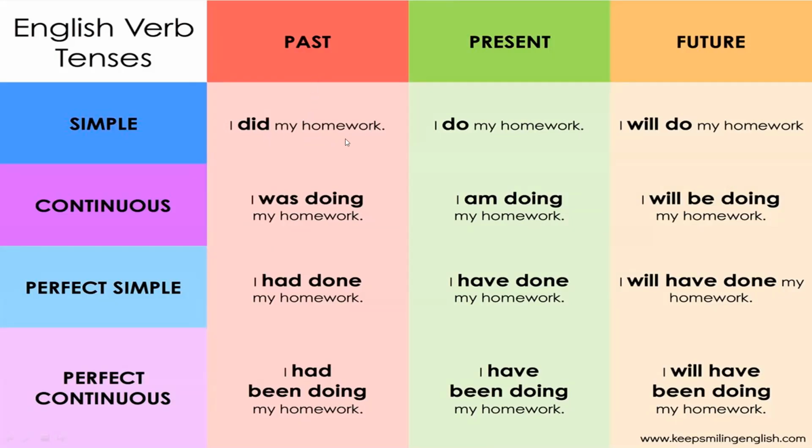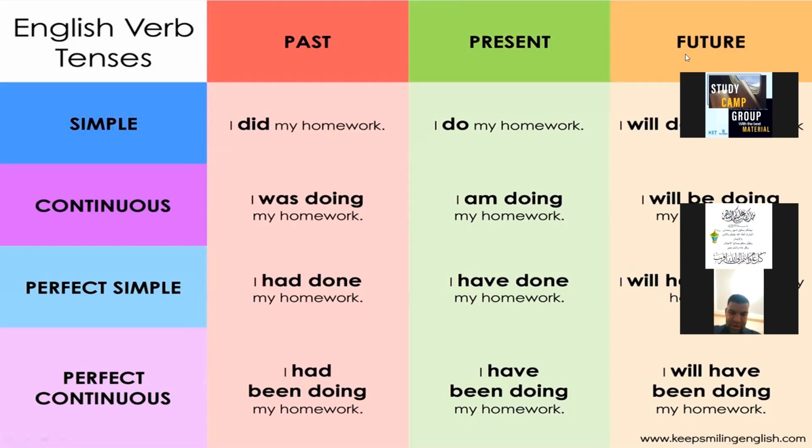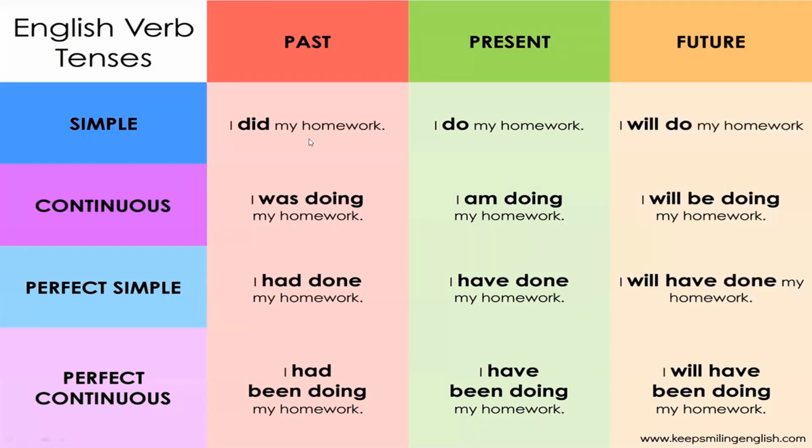I did my homework. This is the subject. Did, this is the main verb. Also, this is the auxiliary in the same sentence. So here we have do. This is the infinitive form of this past verb. And we don't have another main verb.